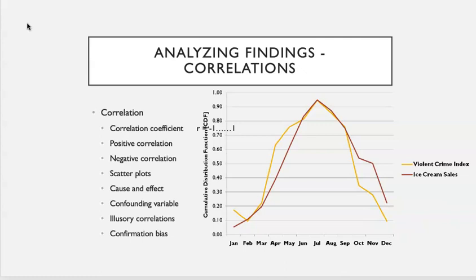Just because there is a correlation, it does not mean ice cream causes people to be violent, and it doesn't mean if you're violent, you have to then go buy ice cream. There is a correlation, but there is no causation. There is no cause and effect relationship between these two variables. So keep that in mind. If all you've done is a correlation, you cannot say this thing caused that thing to happen. You have to go do an experiment in order to say that.